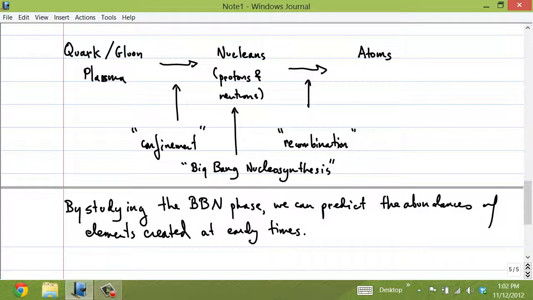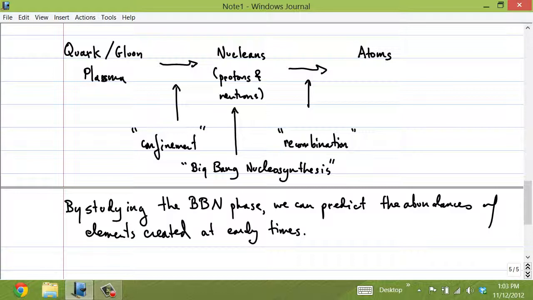And it turns out that roughly 3/4 of the matter in the universe formed hydrogen, roughly 1/4 formed helium, 1 or 2% lithium, and so on and so forth down the periodic table. And it is through our understanding of nuclear physics, combined with our model of cosmology, that we are able to understand so precisely how these various elements were created at early times.